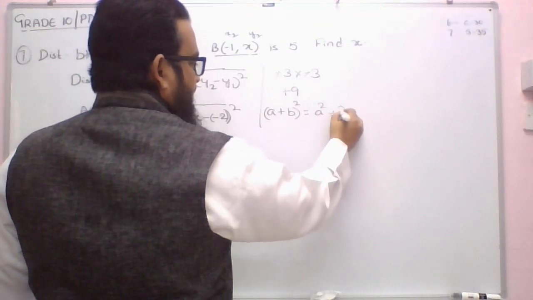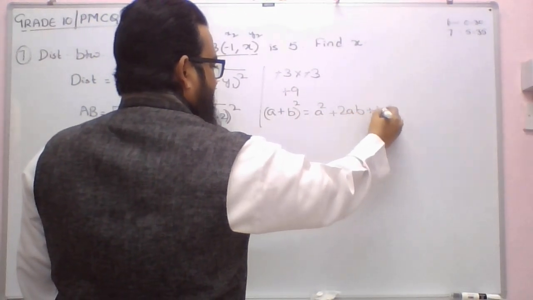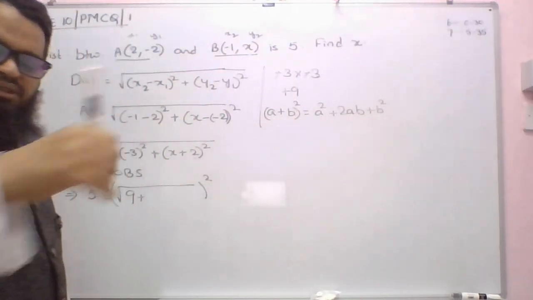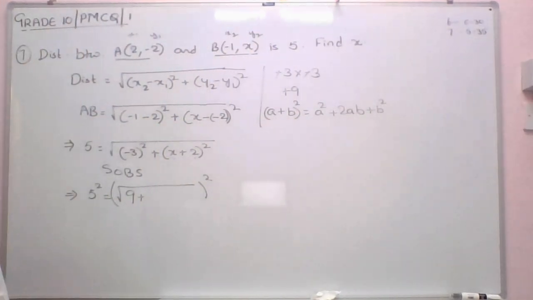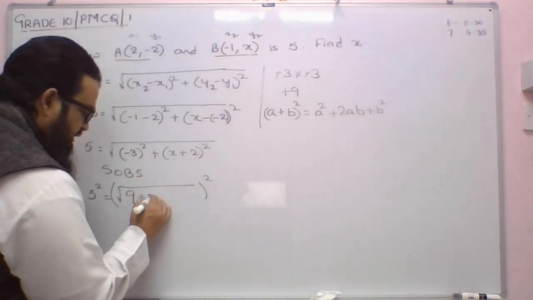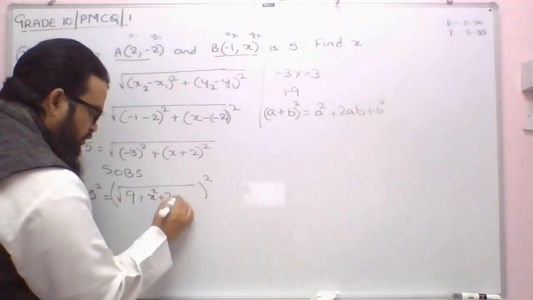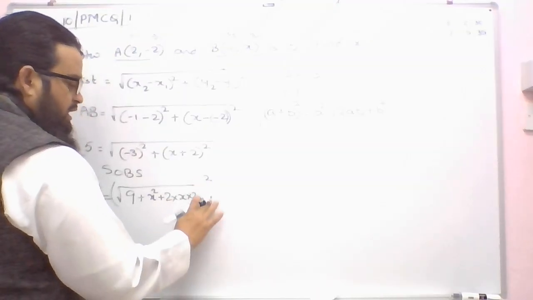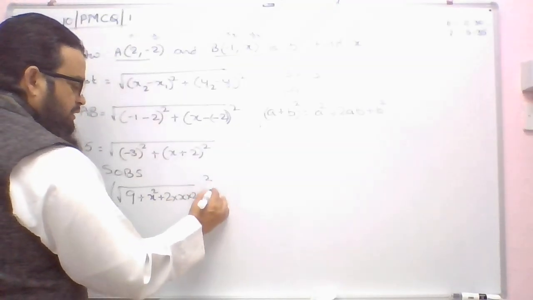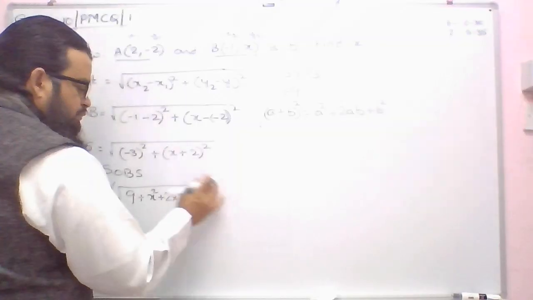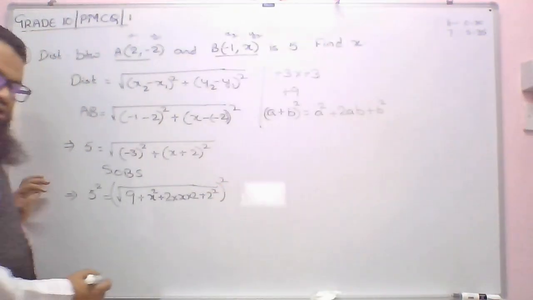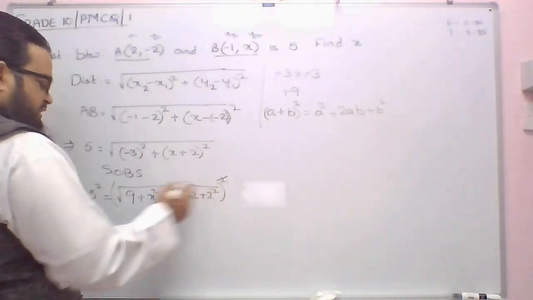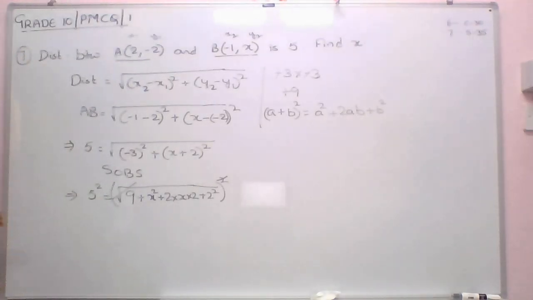A square plus 2ab plus b square. Is it right? So what is a square? X square plus 2 into a, x, into b, 2, plus b square, 2 square. Understood? Now on the right hand side, square and square roots get cancelled.